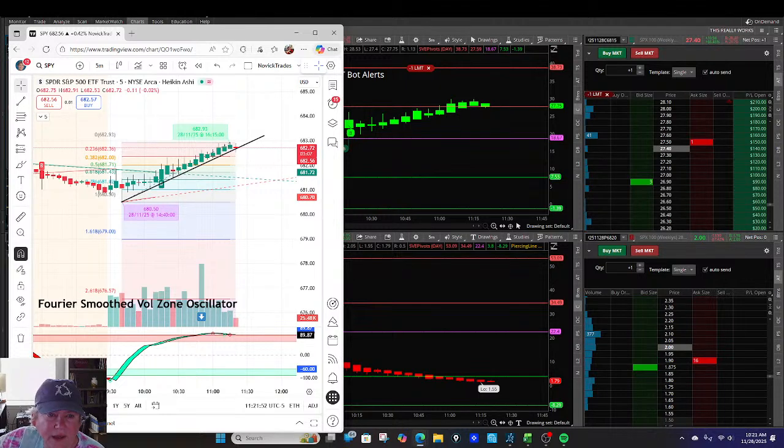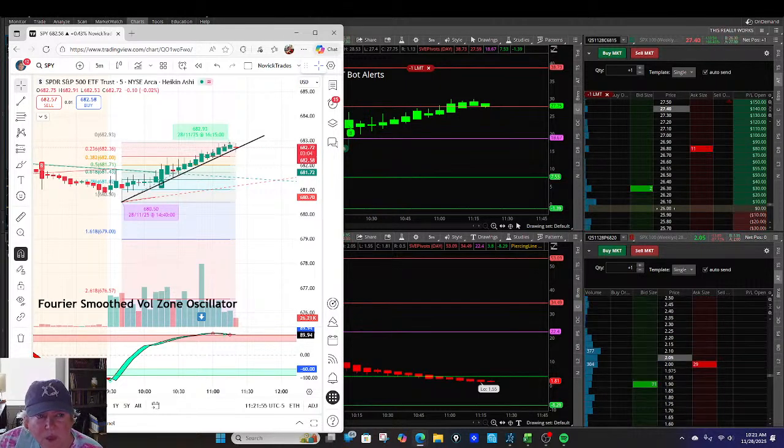Okay, I see a red candle forming on the TradingView chart right here.